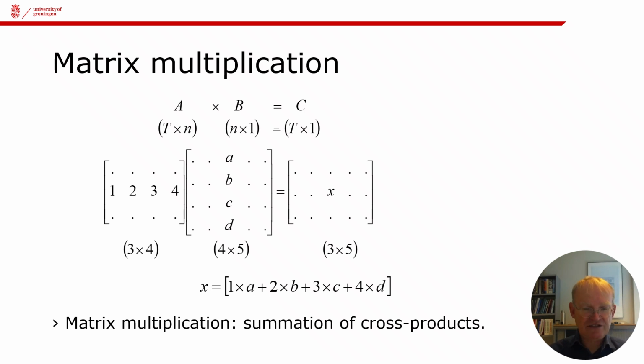So it's a summation of cross products. And each element of this matrix C is calculated in this way. So a lot of calculations, but you could redo them manually, and I recommend that you do it just so you understand what this operation is doing. It looks very magic, but in a sense it's just a way of calculating a lot of cross products. So that's what it does.